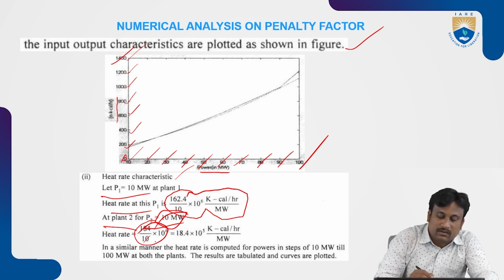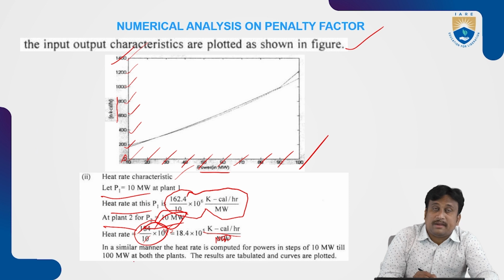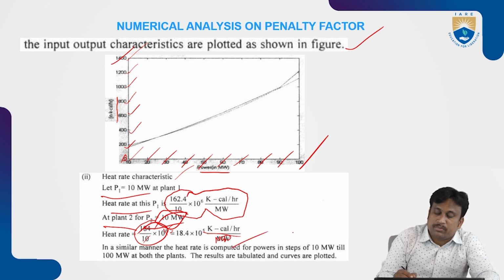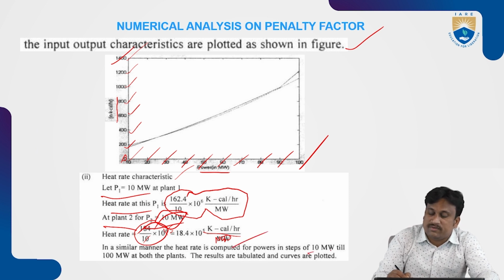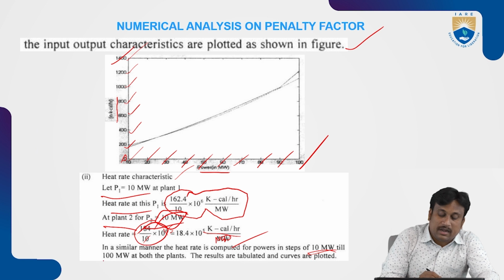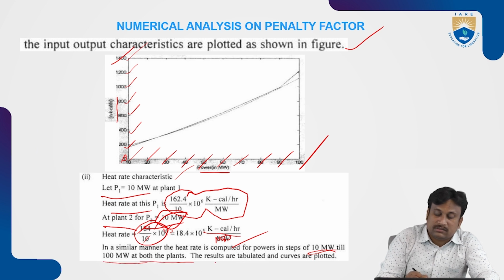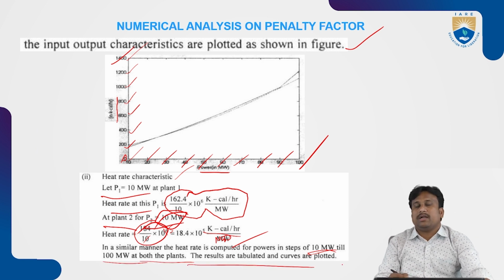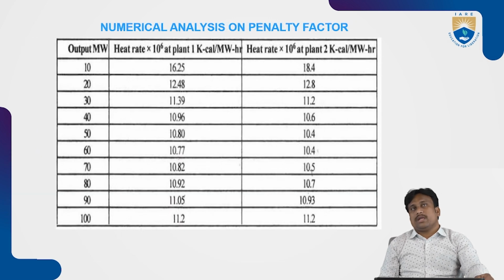In a similar manner, the heat rate is computed for powers in steps of 10 megawatts till 100 megawatts at both plants, the results are tabulated and curves are drawn.